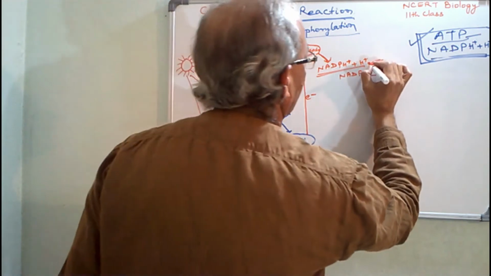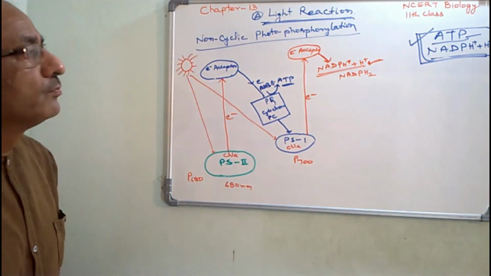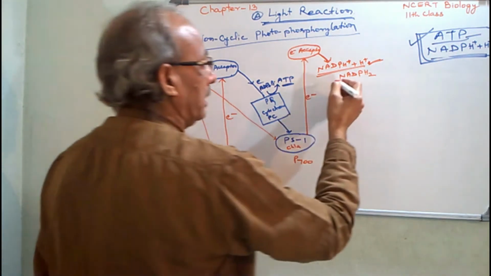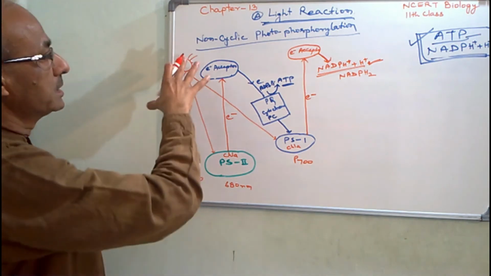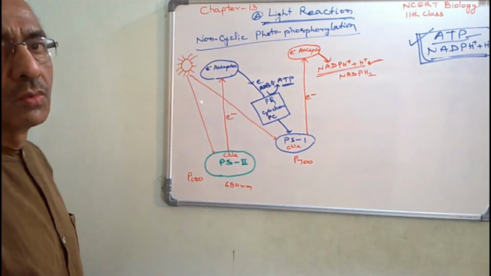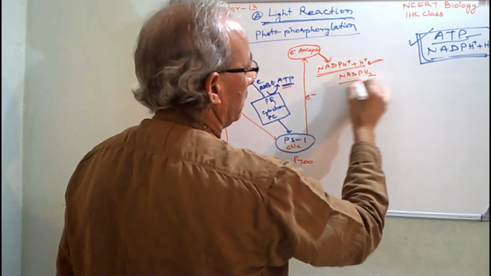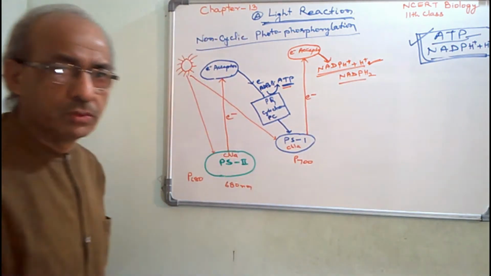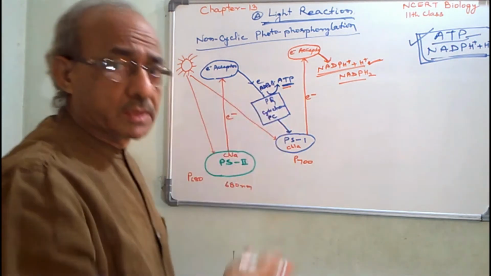This is the right way to represent the NADPH2. And at the end, in this non-cyclic photophosphorylation, ATP and one NADPH2 are generated, and it is a continuous process.